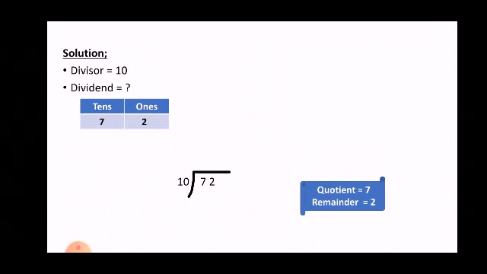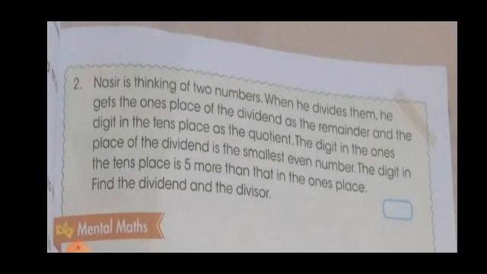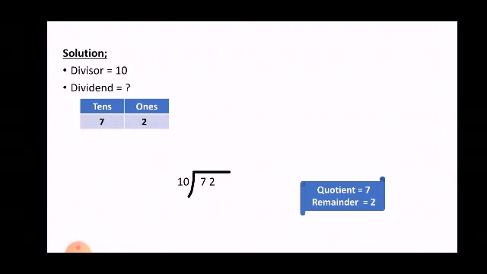The smallest among these is 2. So we'll write 2 on the ones place, because the condition says the digit in the ones place of the dividend is the smallest even number.